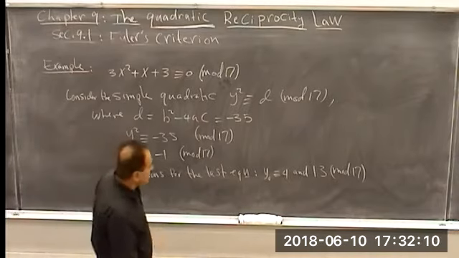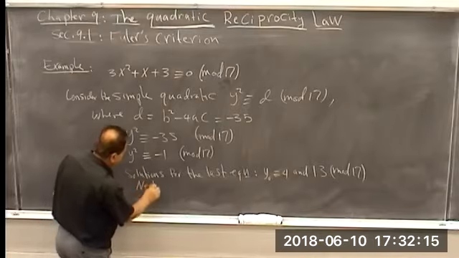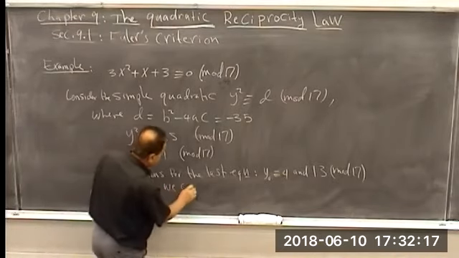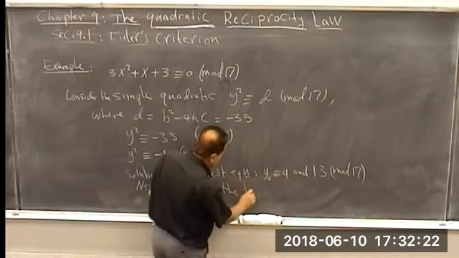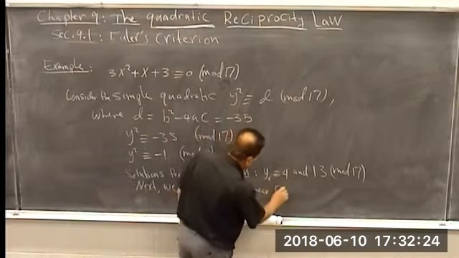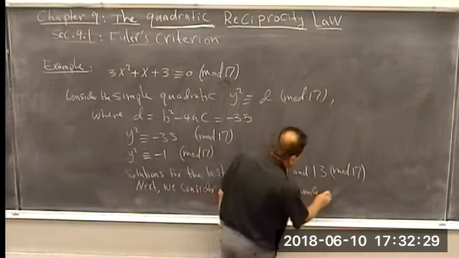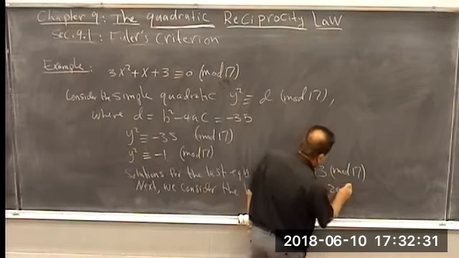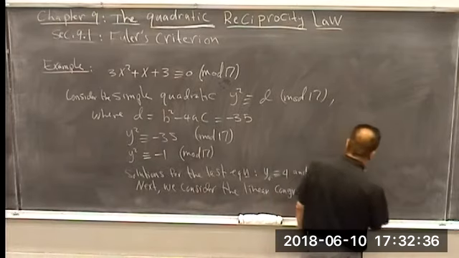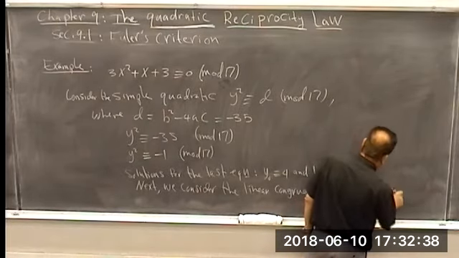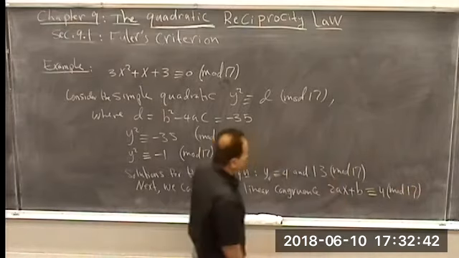Next, for each one of these, we consider the linear congruence ax plus b congruent to y sub 0. Let me start with 4 mod 17, and then we'll do the same for 13.